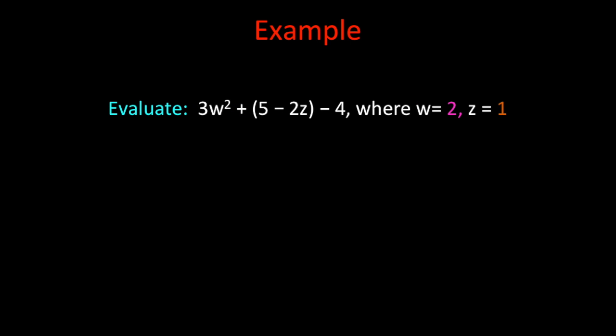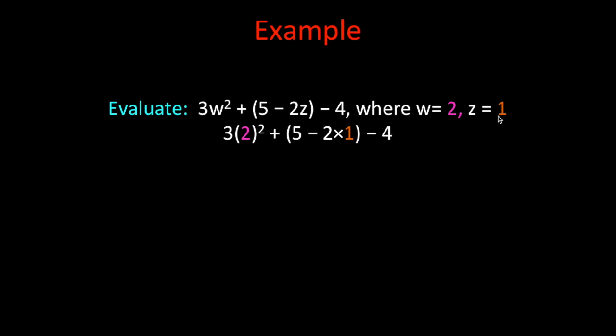Another example, we're asked to evaluate 3w to the second power plus parentheses 5 minus 2z close parentheses minus 4, and w in this case is 2, z is -1. So we're going to replace w by 2 and z by -1.